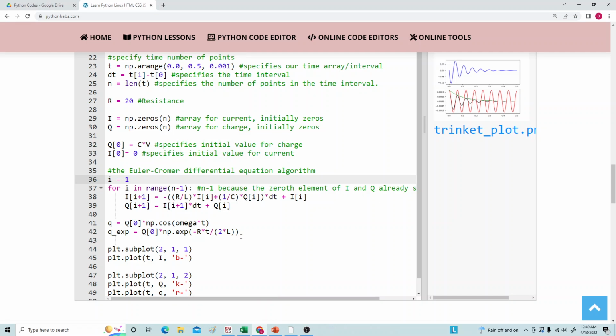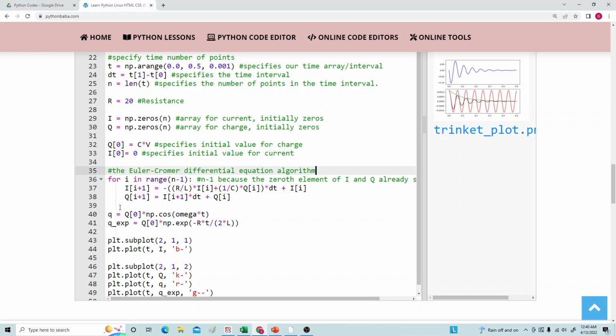In that case, you would take the plus 1 out here, and you would say I want this to be the previous current value, so this would be I minus 1, and this would be charge minus 1. That would be kind of a backward difference formula as opposed to a forward difference formula. You can do it either way, but to me this is slightly more intuitive, and you don't have to worry about this extra piece of code right here, or about what you're setting your I value equal to.